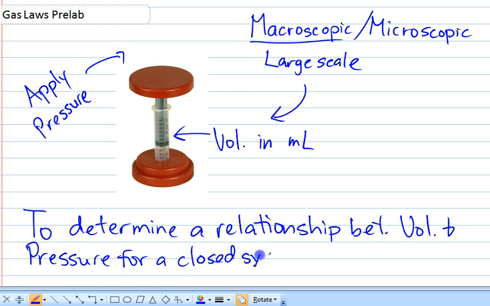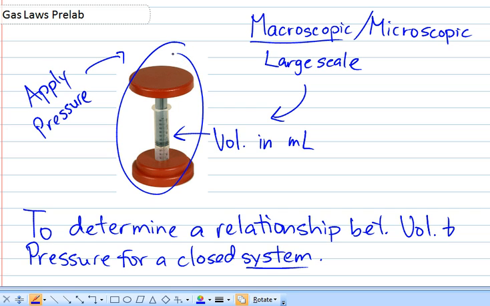And so we talked about what a system was back when we did energy. A system is anything that we define, and in this lab the system is just going to be the apparatus. Okay, so the top and the bottom are to stabilize it, but there's a syringe, there is actually a cap on the bottom that you can't see, and then there's going to be air inside.